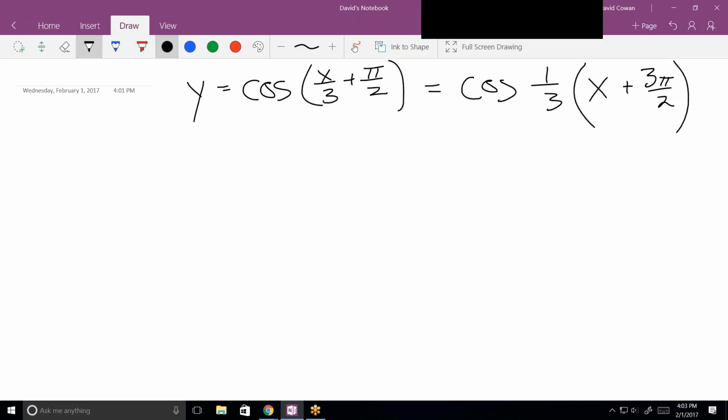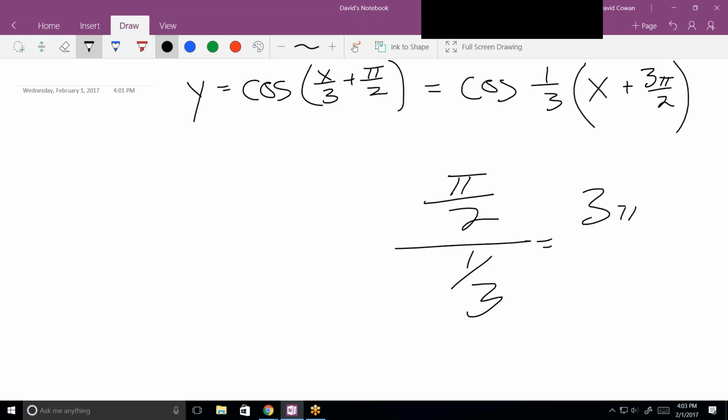In other words, it's tempting to write pi over 6. That's honestly what I thought we had when I wrote this. But remember, we're taking the pi over 2 and dividing it by 1/3, which gives you 3 pi over 2.